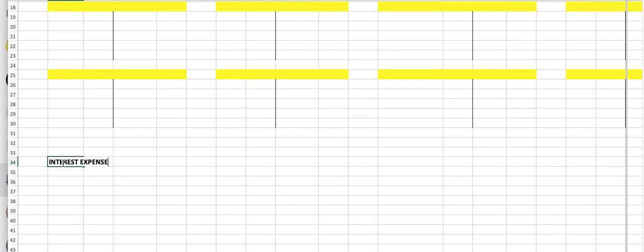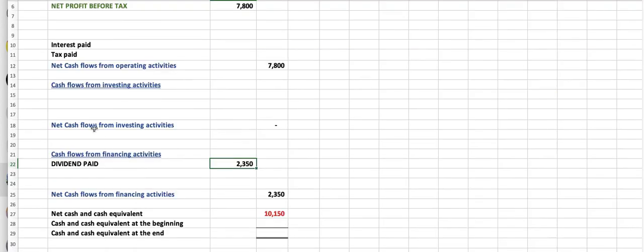Interest expenses is 7988. Kemudian dia kata tax expenses 1500.